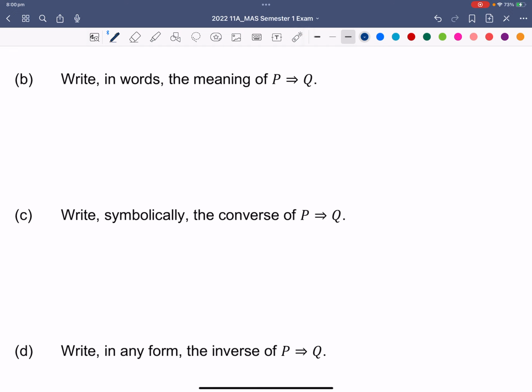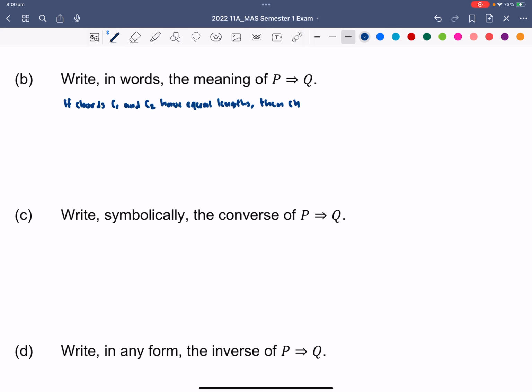So we're going to write down that if chords C1 and C2 have equal lengths, then the chords subtend equal angles at the center.